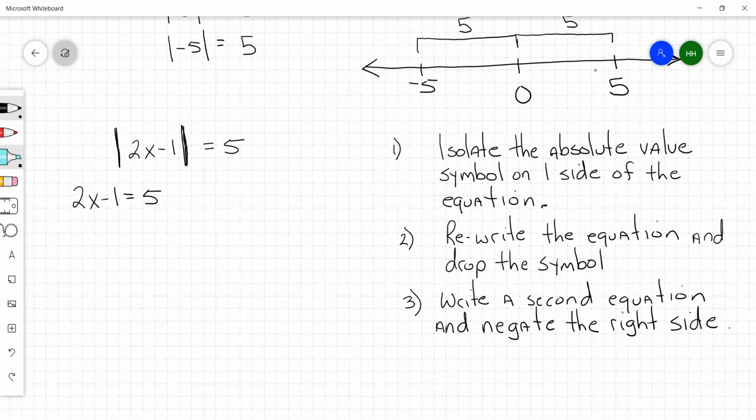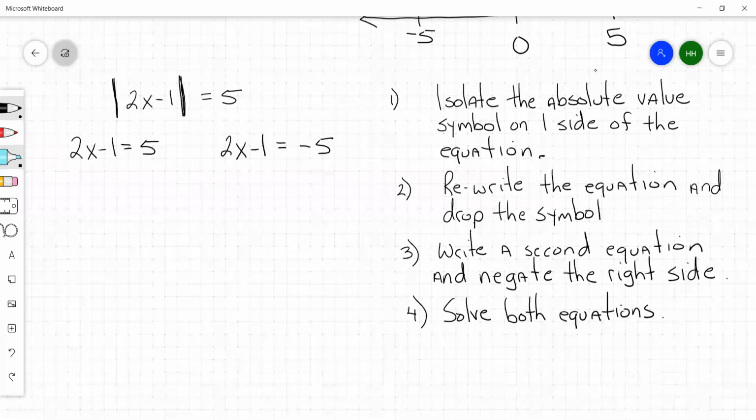So we write 2x minus 1 is equal to, and now we negate the right side, which means to make it negative, so equals negative 5. And then your last step is to solve both equations. All right, that works for all absolute value problems.